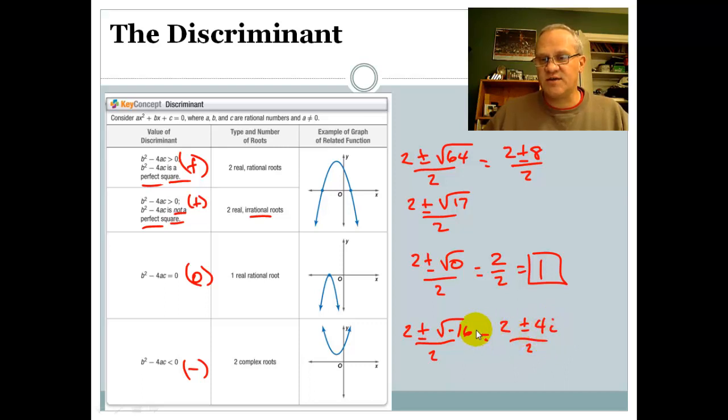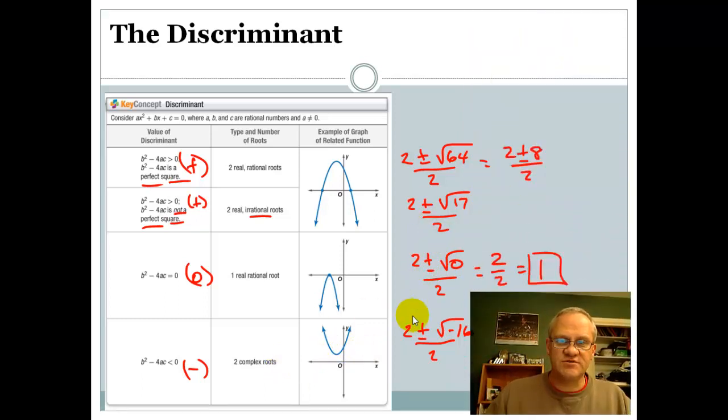And then you could simplify that. 2 divided by 2 is 1, and 4 divided by 2 is 2, so you can say 1 plus or minus 2i. You notice it's complex because there's an i in there, but there are 2 roots because there's still the plus or minus. So the whole thing is, whenever you have a plus or minus in there, there are two roots. When you have 0 for your discriminant, the plus or minus goes away and you just have one root. Anyway, that's a quick overview.